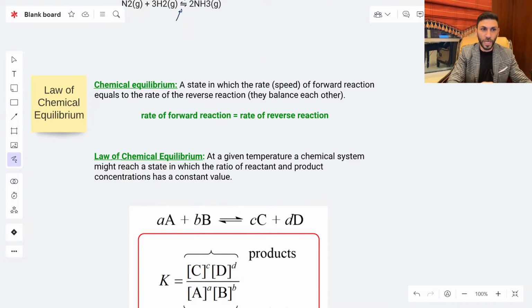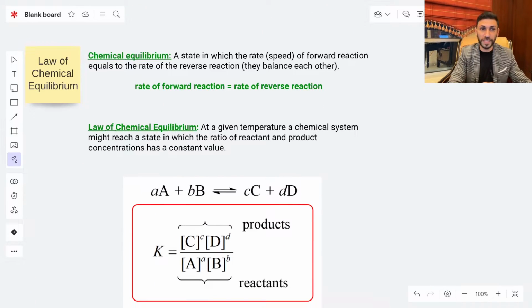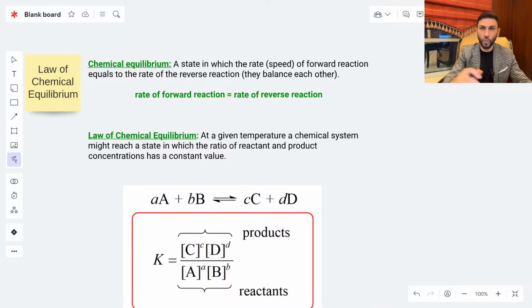All right, we have something called the law of chemical equilibrium. What is meant by a chemical equilibrium? It's a state in which the rate, which means the speed, of the forward reaction equals the rate of the reverse reaction. They balance each other.